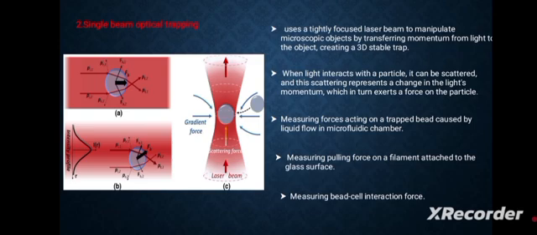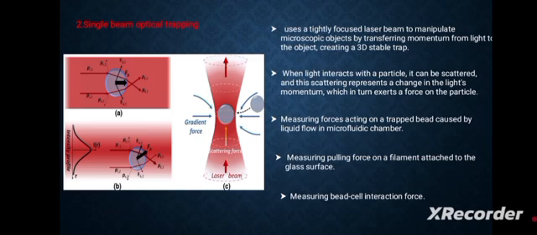Single beam optical trapping uses a tightly focused laser beam to manipulate microscopic objects by transferring momentum from light to the object, creating a 3D stable trap. When light interacts with a particle, it can be scattered, and this scattering represents a change in the light's momentum, which in turn exerts a force on the particle.